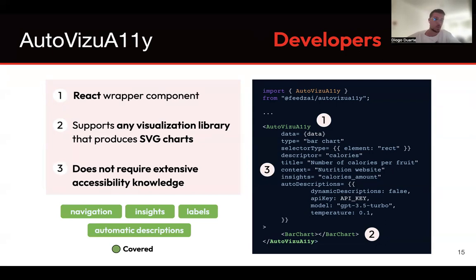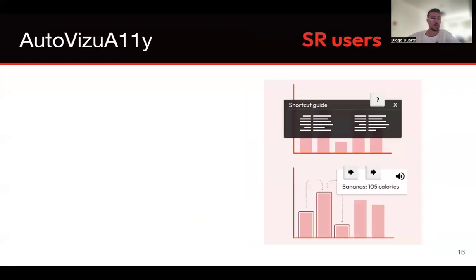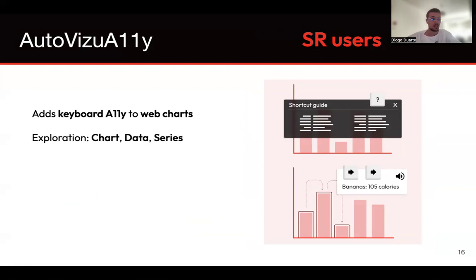In the context of these screen reader users, AutoVizuA11y on a higher level adds keyboard accessibility to charts on the web. It adds multiple levels of exploration between charts in case more than one is present in a given interface, between underlying data elements, which are identified by the developer, and between different series of data, again, in case more than one is present in a chart.